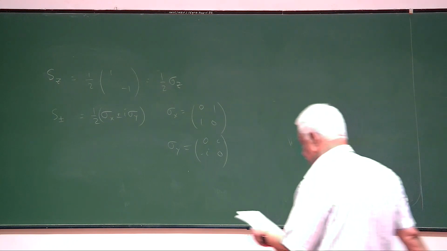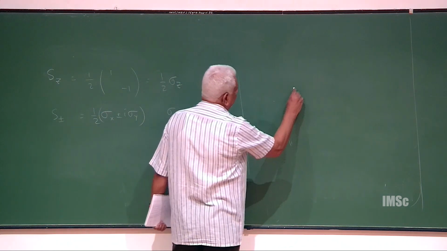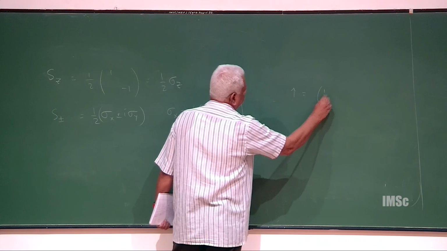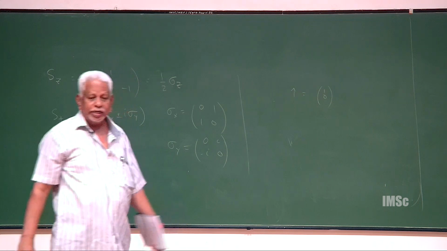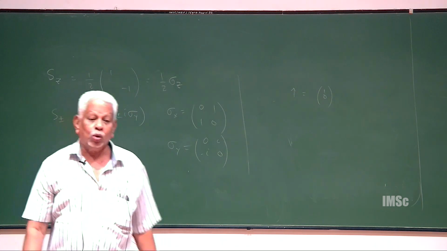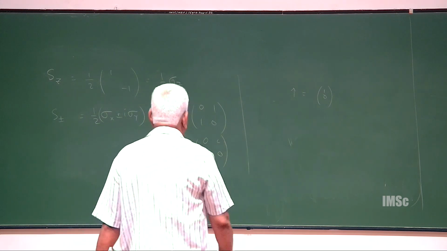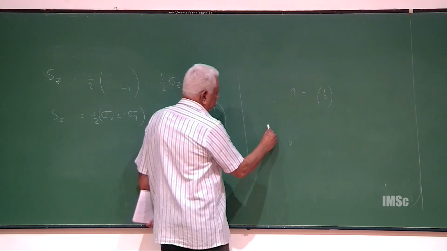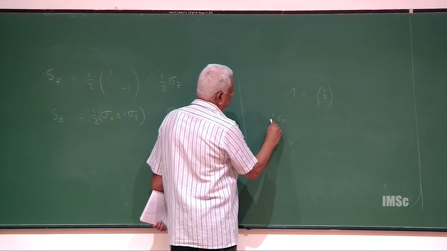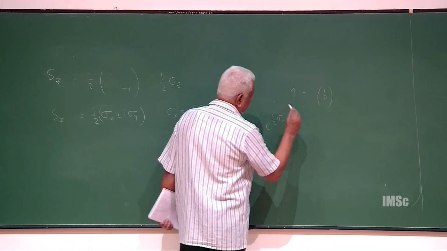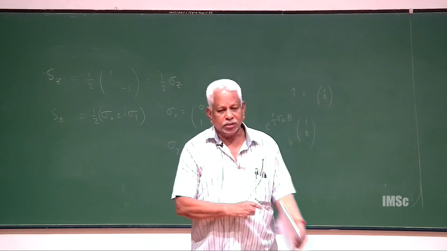The fundamental difference is the following. You start with some spin up state 1 0, okay, 1 0 state. If you are rotating about just the z axis, the generator for that is sigma z by 2.